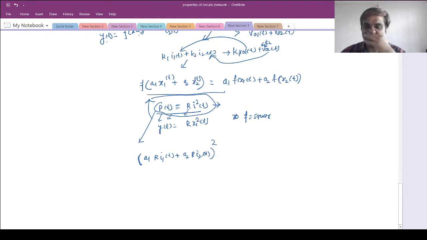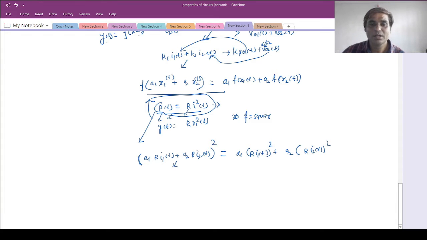Operation is square. Now if it is linear, then this should be equal to a1, operation is square on input, so it is R i1 of t square plus a2 operation on the second input, which is R i2 of t square.